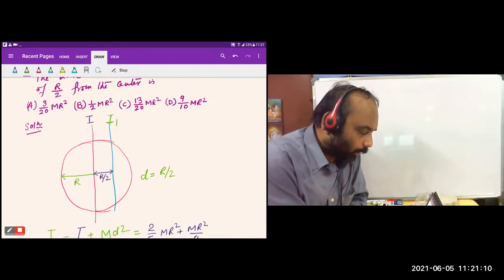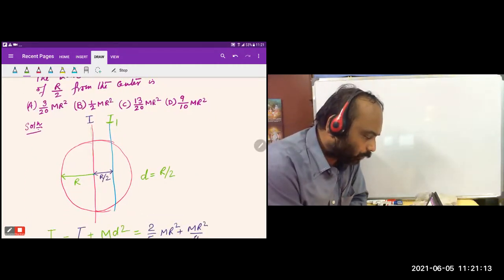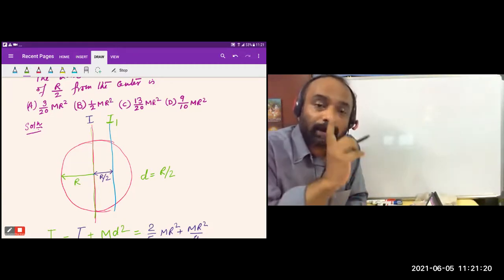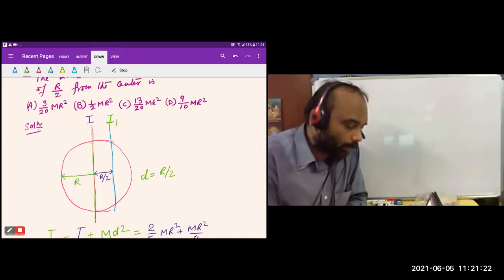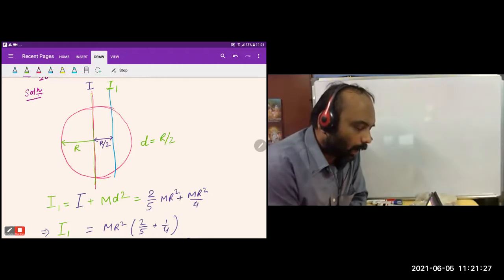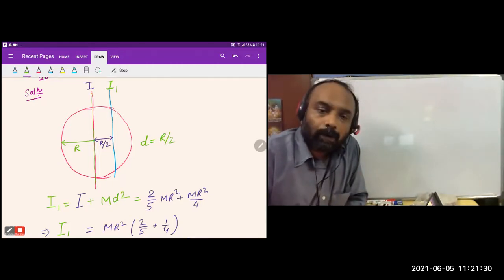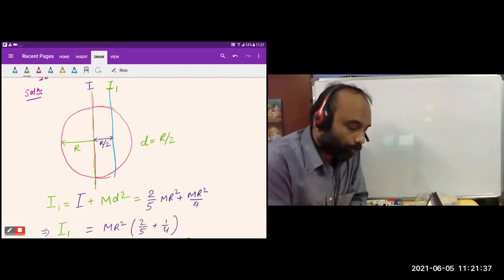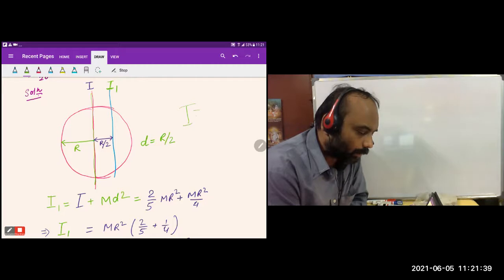So the moment of inertia of a solid sphere about the axis going through its center is given by 2 by 5 mr square, where m is the mass of the sphere and r is the radius of the sphere. So I is equal to mr square times 2 by 5.